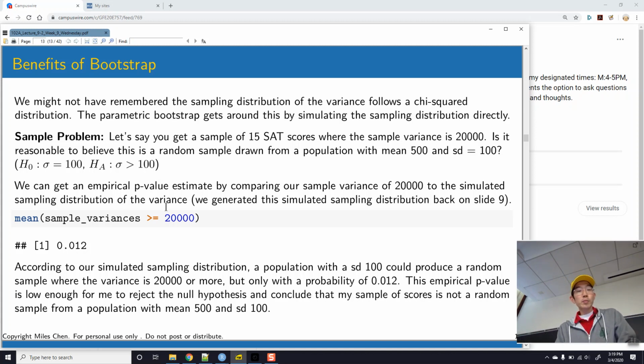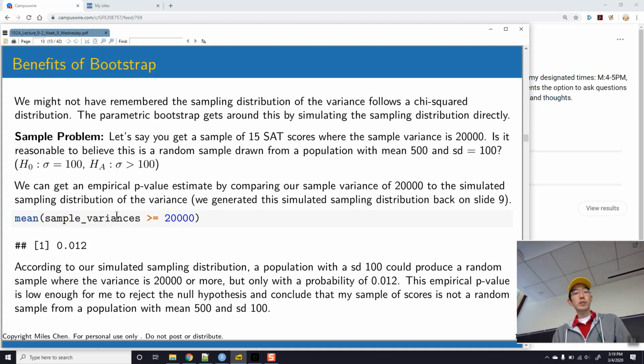Well, we can get an empirical p-value by comparing our sample variance of 20,000 to the simulated sampling distribution of variances, right? So we've done this a few slides back, and we can say, okay, how many of our randomly generated sample variances are over 20,000?